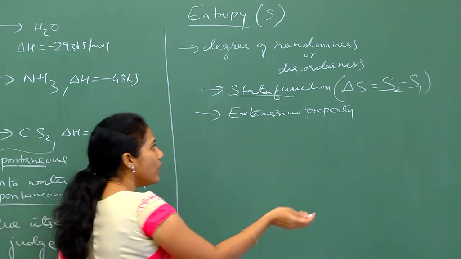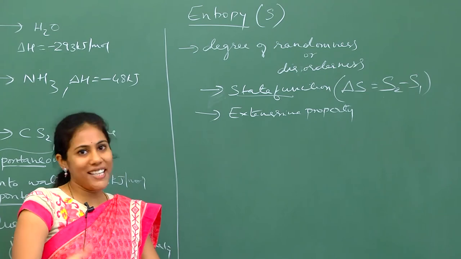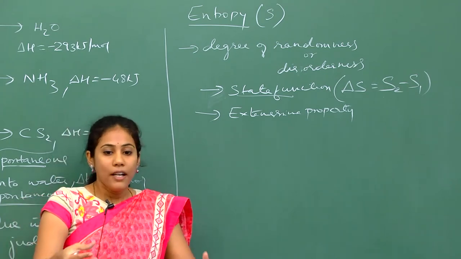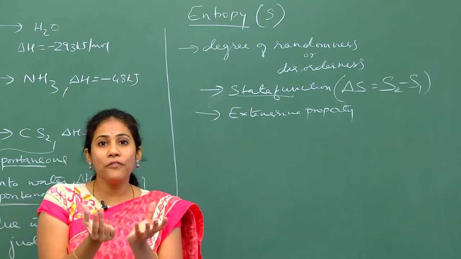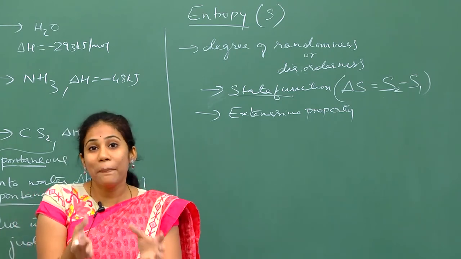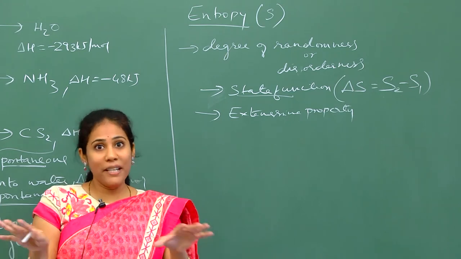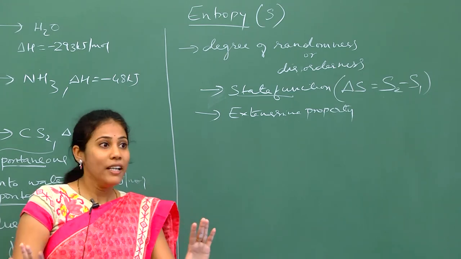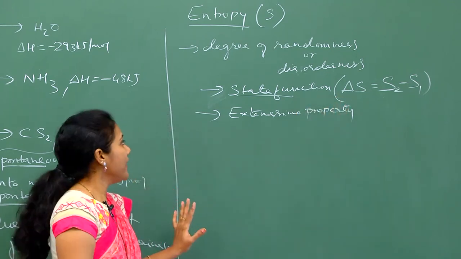We bother about the change in entropy, because for a particular system, calculating the total amount of disorderness present at a particular time is impossible. But you can measure the change, that's why we always concentrate on the change in entropy.